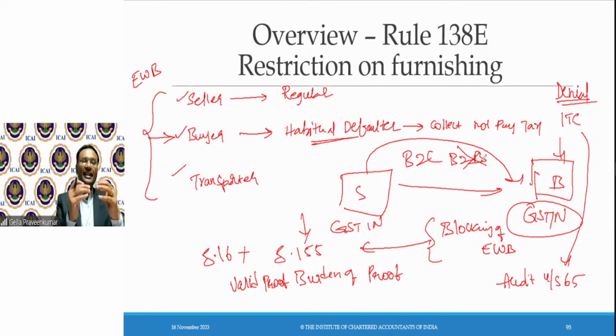You examine where there is a leakage in the system. Your job is to advise: make a policy in such a fashion that you punish the habitual defaulter. How do you punish? You impose so many restrictions. If any of these conditions fail, don't give the benefit of input tax credit. If the ITC is not there, the cost of operation is higher. There's a cash loss. This is how you get the revenue in a timely manner. This is what GST law teaches.